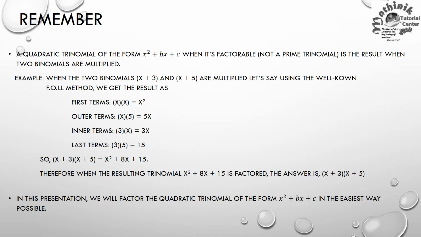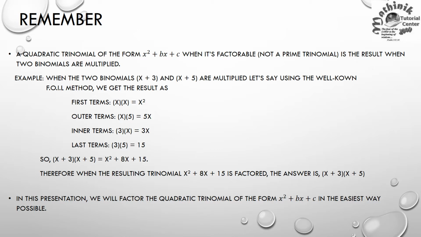And the inner terms, meaning the second term of the first binomial and the first term of the second binomial, so that is 3x. And the last terms, meaning the second terms of the two binomials, that is 3 times 5, 15. So, multiplying x plus 3 times x plus 5 is x squared plus 8x plus 15. Now, when this resulting trinomial is factored, the answer is x plus 3 times x plus 5.